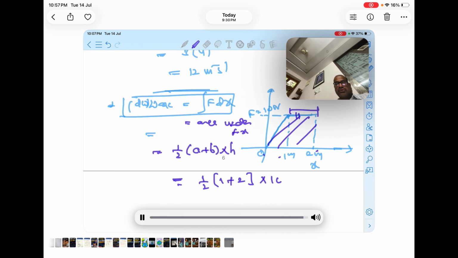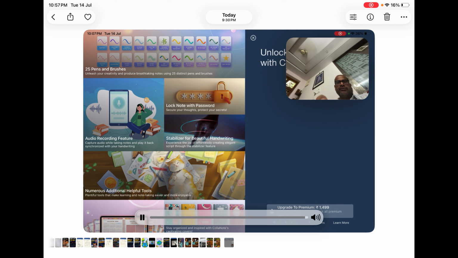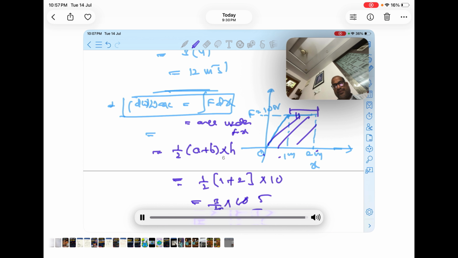So 3 by 2 into 10, 3 fives are 15. You can say 15 joule of work is done. So the area under the F-x graph gives what? Work done. Keep this in mind. Okay, this is simple.